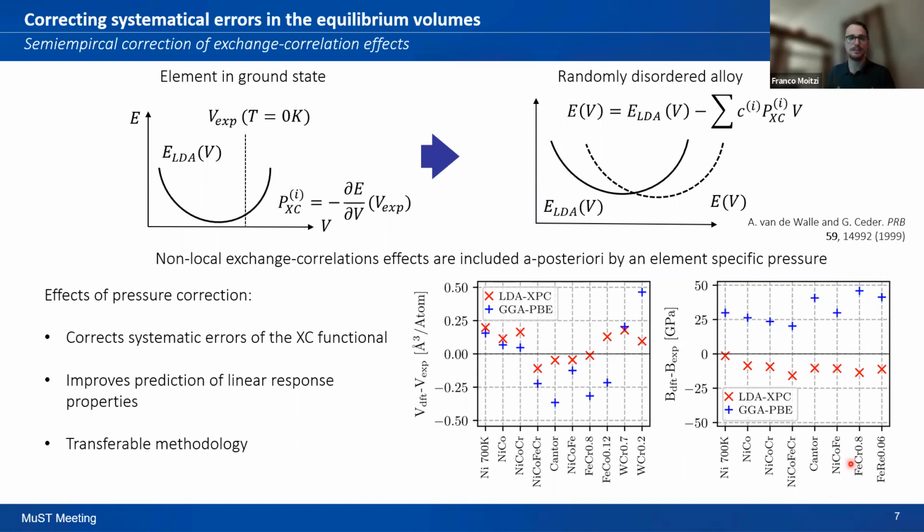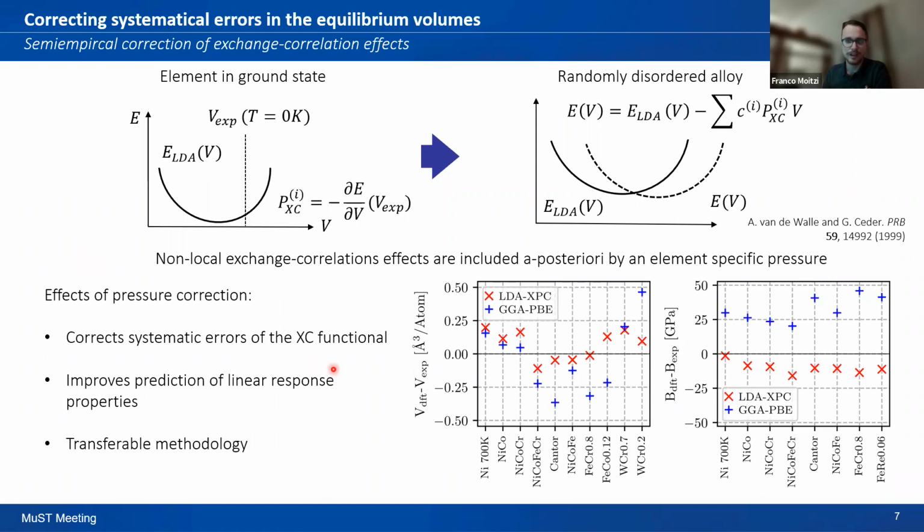But on the other hand, these linear response properties that we need, like the linear elastic constants, are reproduced quite accurately by DFT calculations if performed at experimental volume. So what we are now doing is taking all of these non-local exchange correlation effects into account in our LDA calculations by just adding a concentration-weighted component-specific pressure, as was proposed by Van de Walle. He proposed it actually for ordered alloys, but we just extended this whole thing to our disordered alloys.